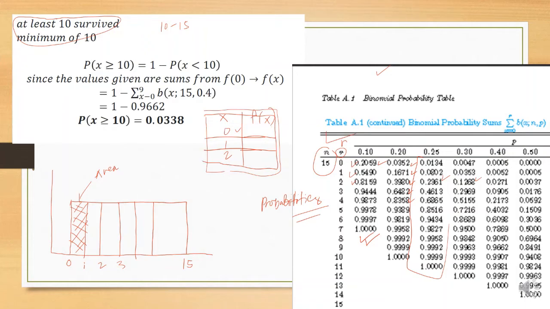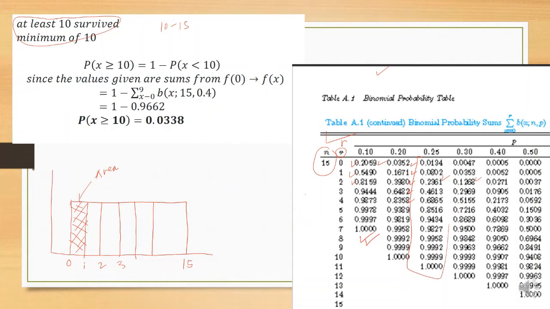Ngayon, I will remove this one so that you will understand bakit kailangan pa nating i-transform ang ating notations into this. Remember, kapag meron tayong at least 10, ang notation natin ay equal to or greater than 10. Kasi equal to, ibig sabihin 10, and greater than 10 hanggang doon sa limit.